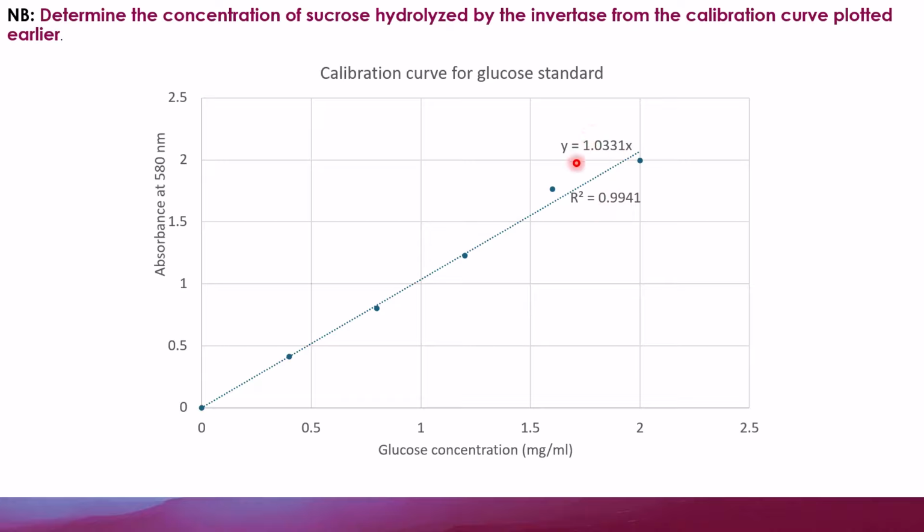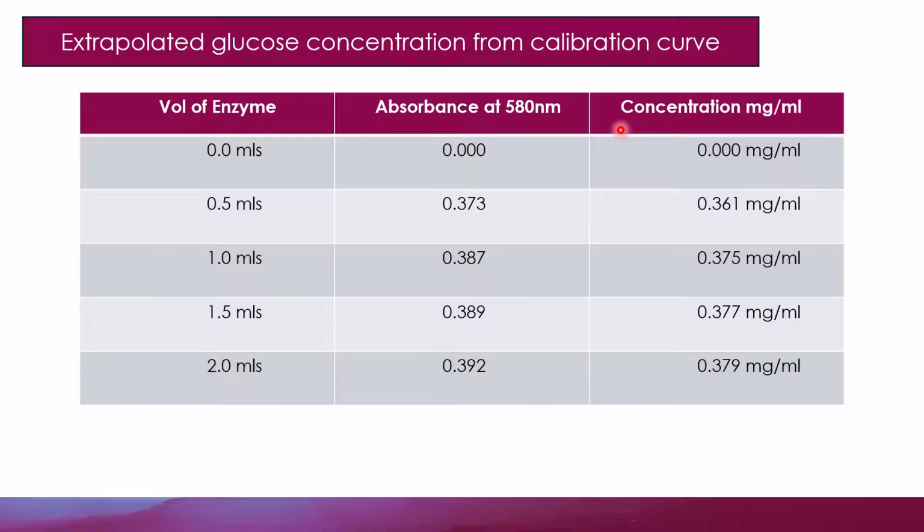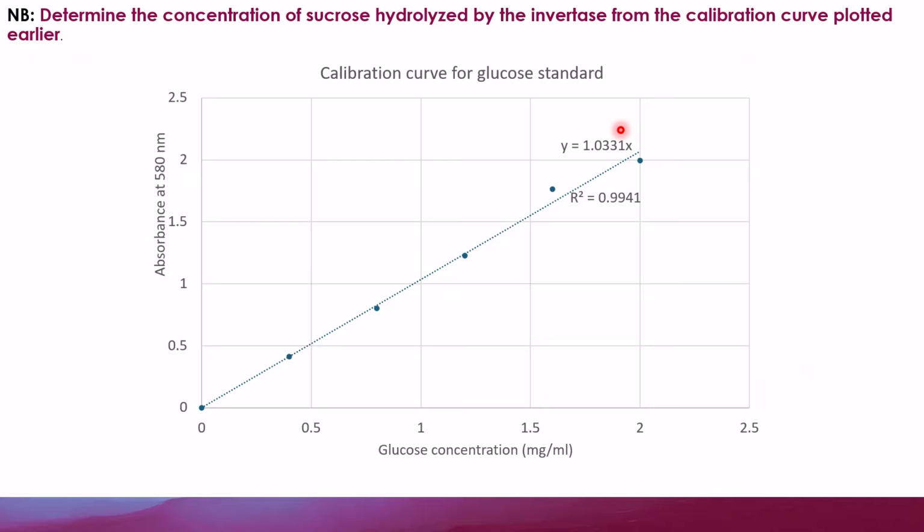So what we are going to do is extrapolate our glucose concentration from the calibration curve using the line of equation y equals 1.0331s. Where y happens to be our absorbances, the 1.0331 happens to be our slope, and s happens to be our concentration.